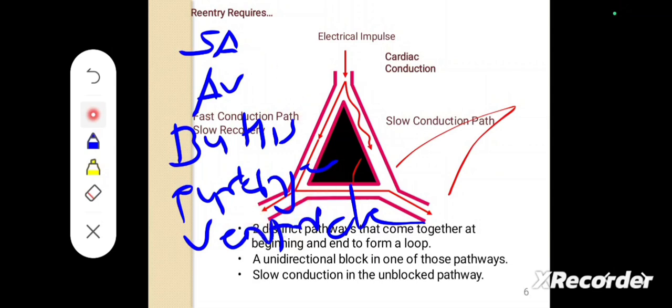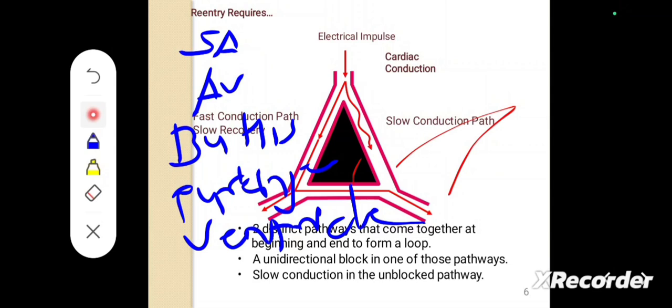Due to the retrograde direction of that impulse, it can lead to re-entry circuits and produce a loop-like structure.